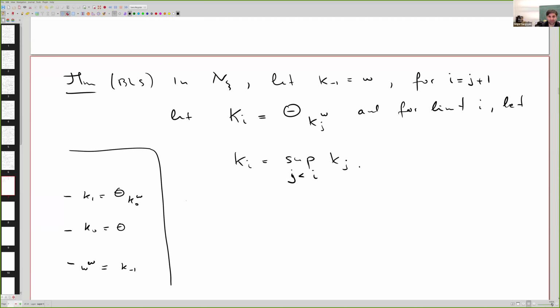So kappa I plus 1 equals kappa I plus, for I greater than or equal to 0. So not for minus 1. For I not limit.